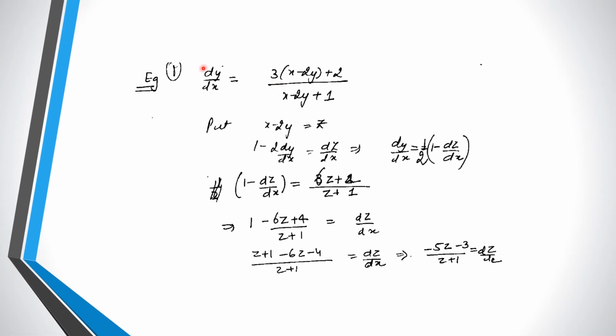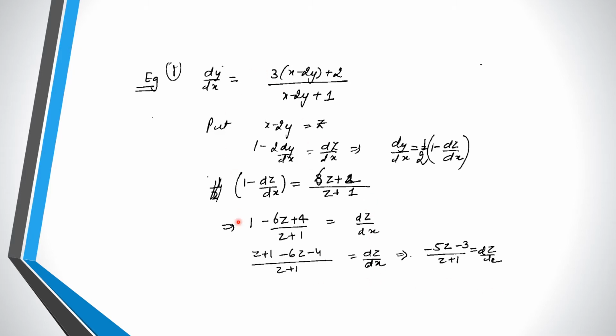Now for example, dy by dx is equal to this by this. In this case we have one common factor, so we can substitute that common factor to be variable z and convert it into variable separable.